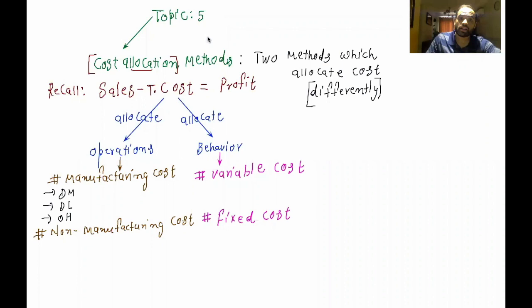So now keep in your mind that direct material and direct labor are variable costs. If you do not remember, go back to your topic 2 and check again.